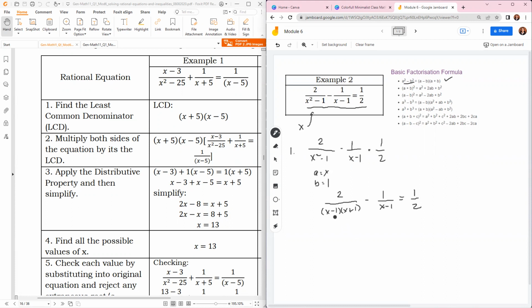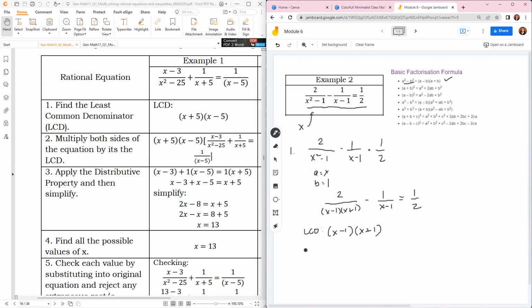If you look at the denominators, what is our LCD? The x minus 1 occurs in both denominators, and the first term also has x plus 1. So this is our least common denominator.